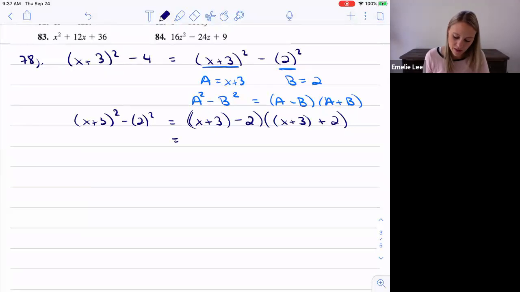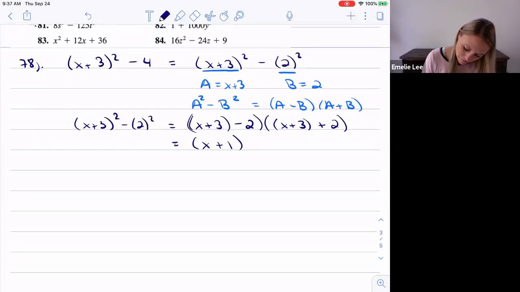And we can simplify this: x plus 3 minus 2 is x plus 1, and x plus 3 plus 2 is x plus 5.